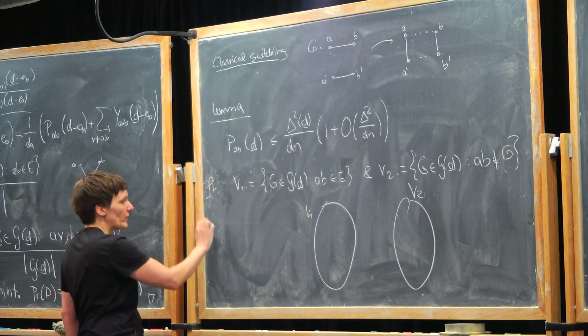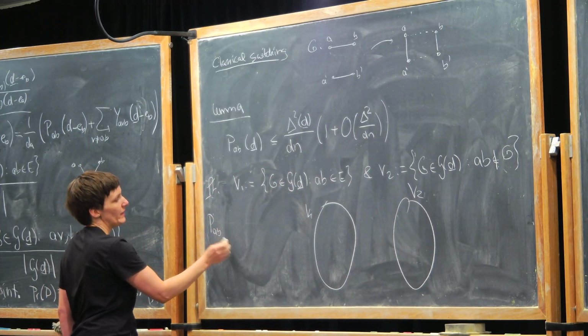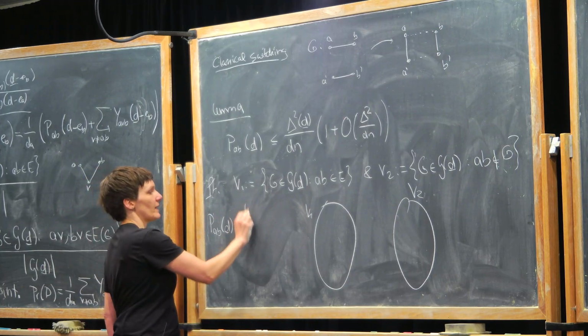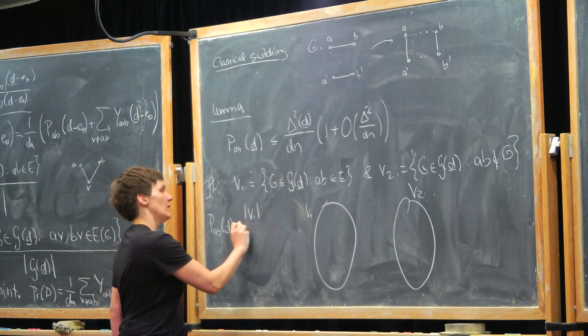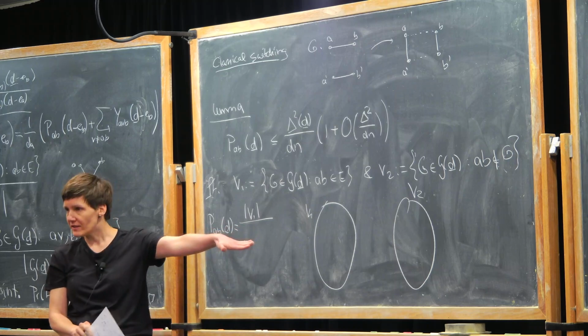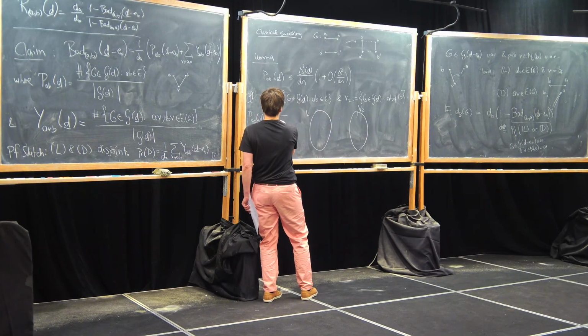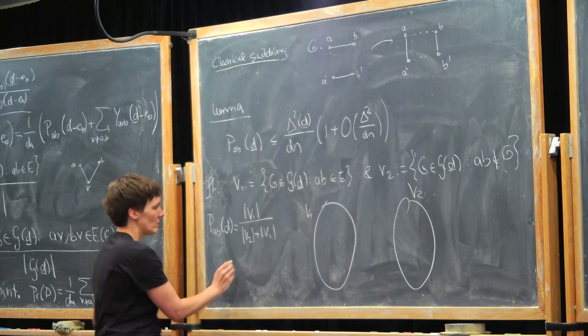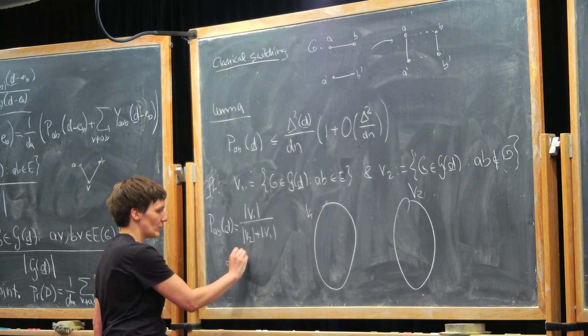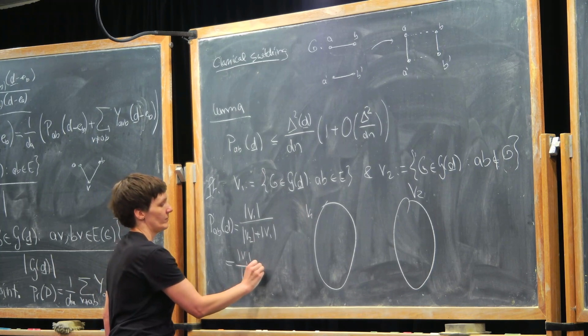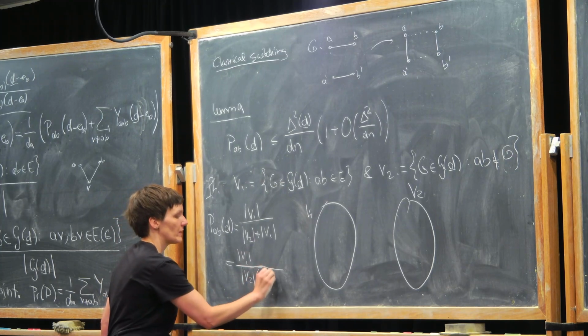And the point here is that the probability of AB is what? It's equal, well, the size of V1 divided, not divided by the size of V2, but almost. So V2 plus V1, which is just equal to the ratio over V2 times 1 plus the same ratio.